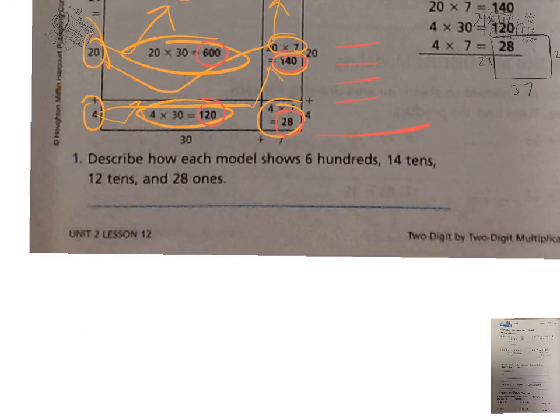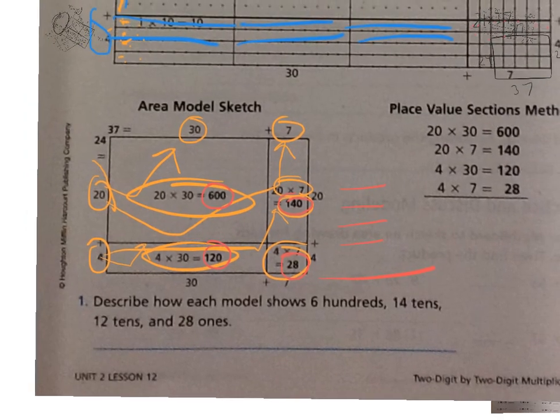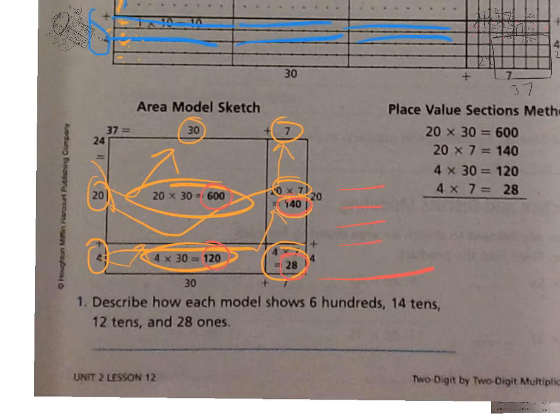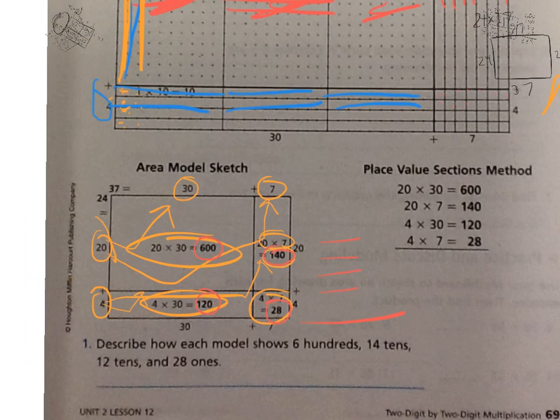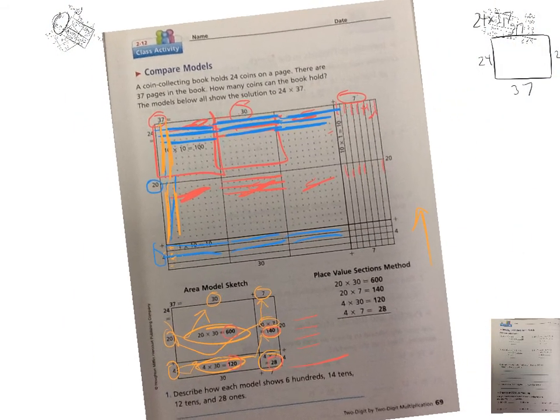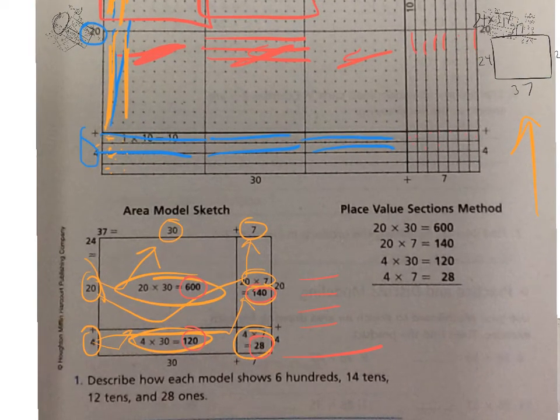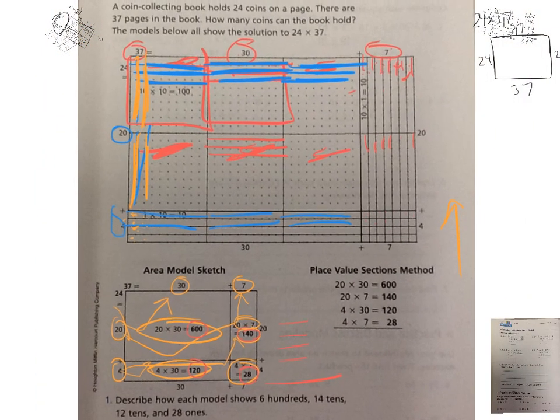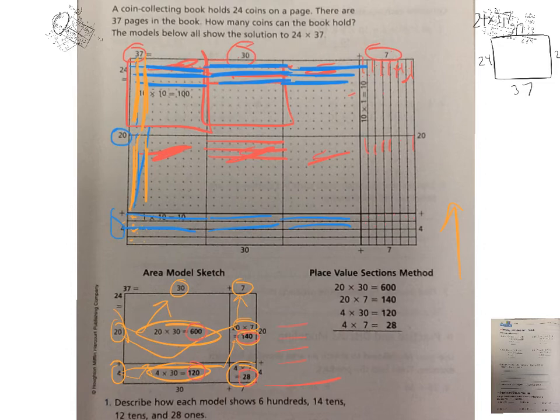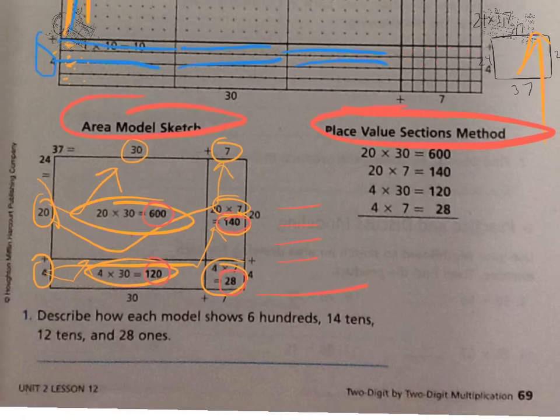It says describe how each model shows 6 hundreds, 14 tens, 12 tens, and 28 ones. So, the place value sections method, which was very similar to what you did above. What you did above is kind of like what's in both of these two. But what I want you to see is the place value sections method.